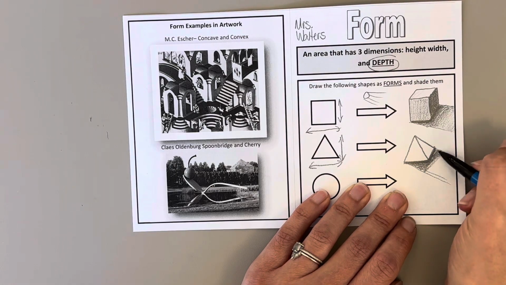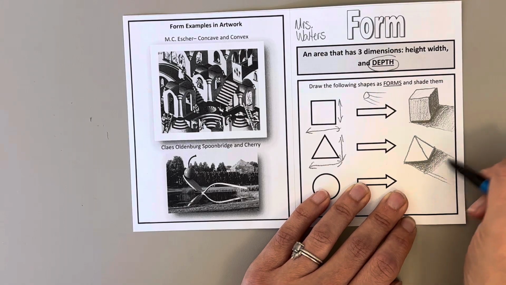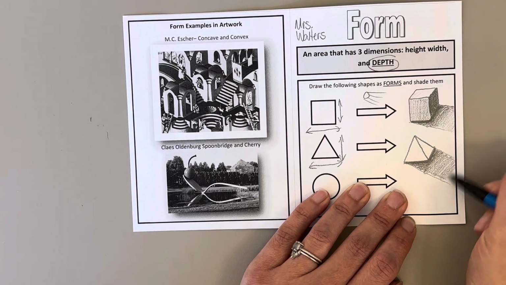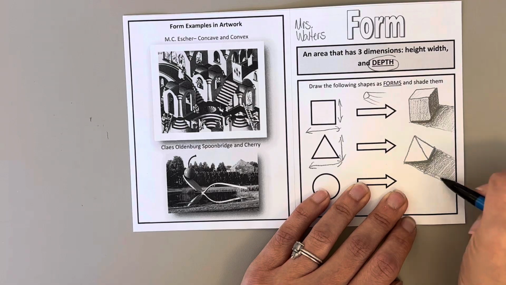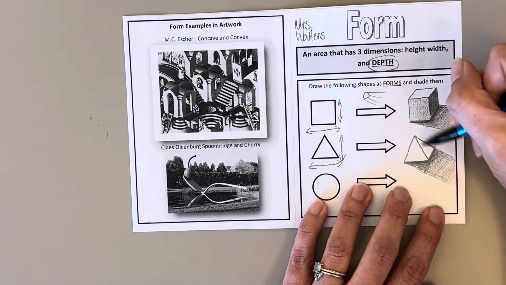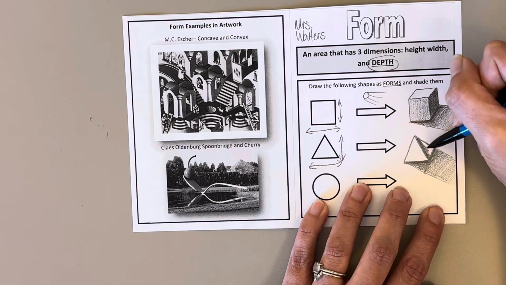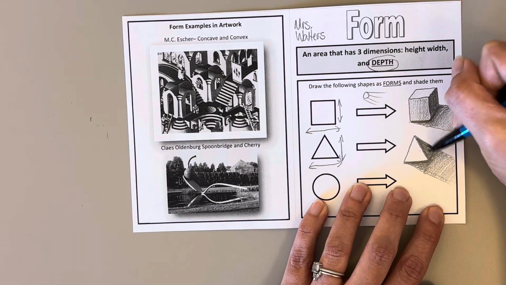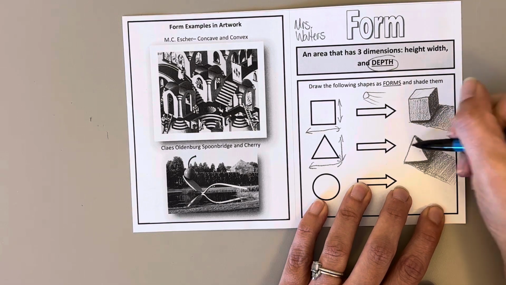And then medium and light as it gets lighter and lighter and lighter, as it gets farther and farther away. Now, this is our light side, so our dark side is going to be on the side that can't catch that light. So we're going to fill that right side in darker, and this side is going to be just a nice medium.